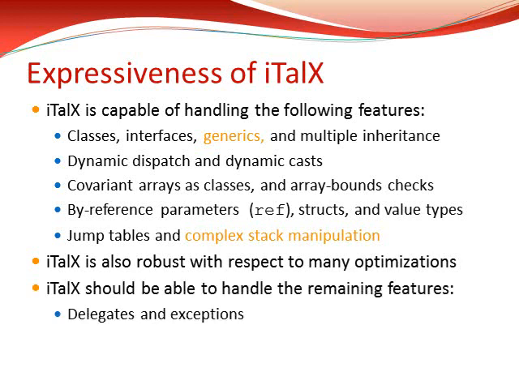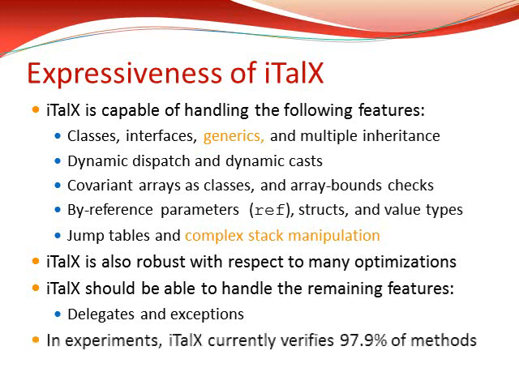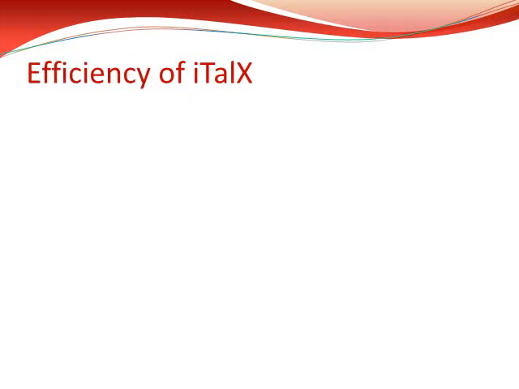And iTalX should be able to handle the remaining features, as I mentioned earlier, such as delegates and exceptions. And as I said earlier, experiments showed that iTalX is able to verify 98% of methods, and the last 2% will be covered once we get the delegates and exceptions working.